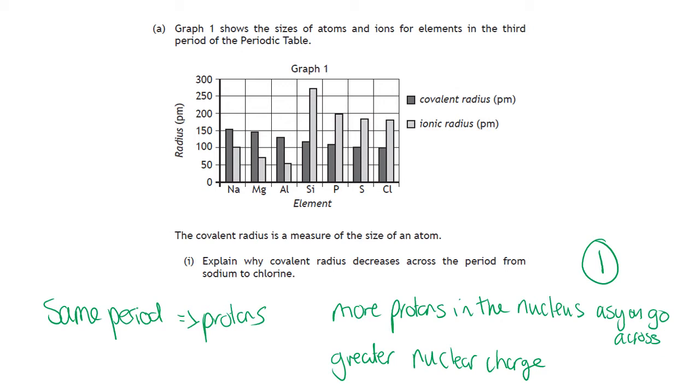For 1 mark, that's all you need. If it was for 2 marks, you'd need to say, well, if you have a greater nuclear charge, there is a greater force of attraction for the outer electrons by the nucleus, so they would be pulled closer. But for 1 mark, greater nuclear charge as you go across.